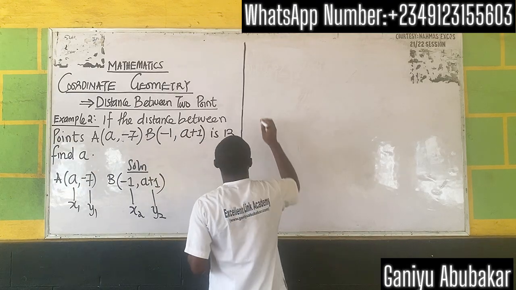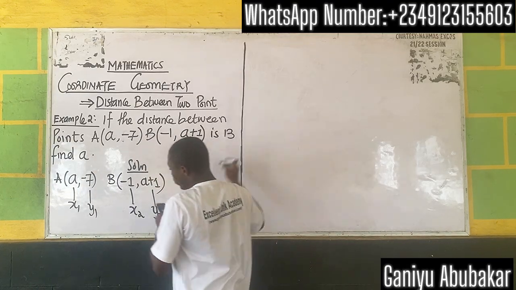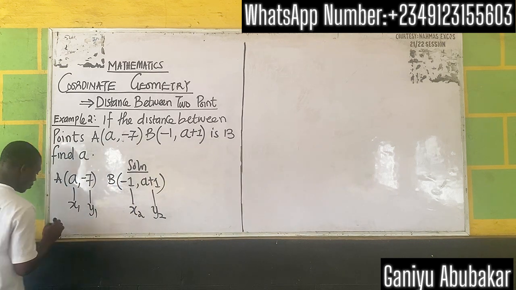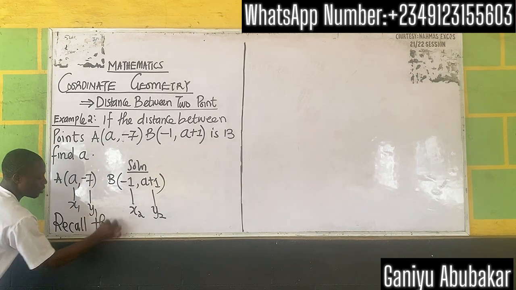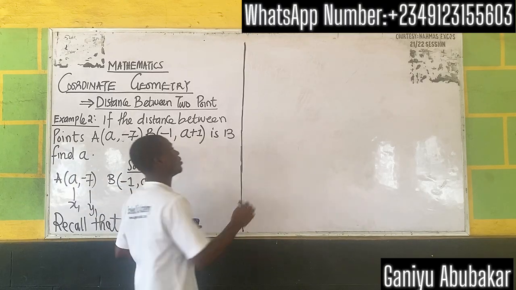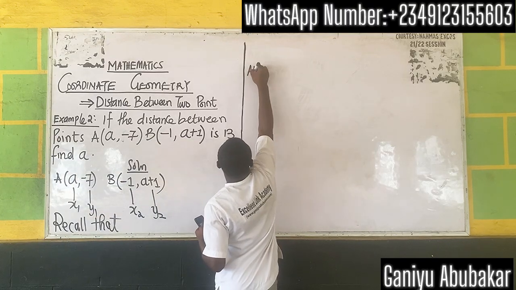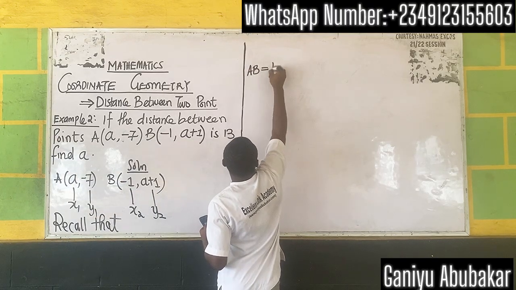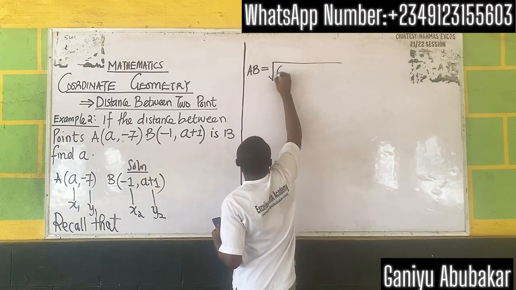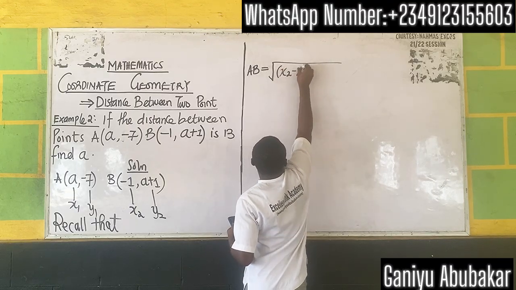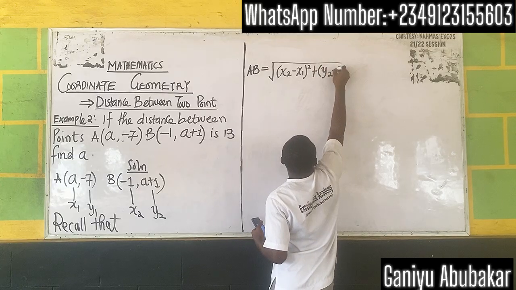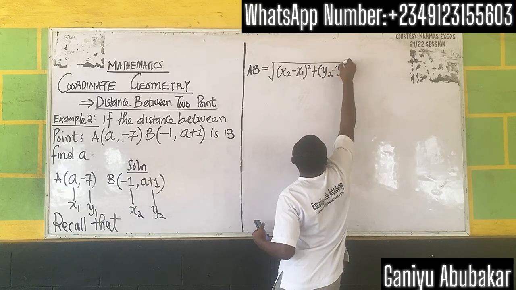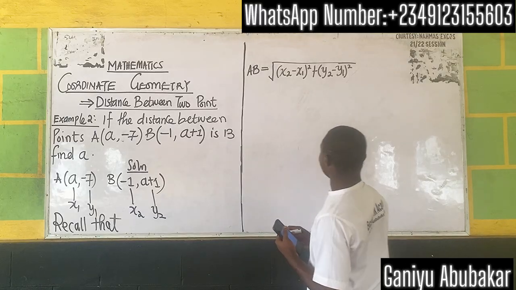Recall the formula. Recall that we established earlier that distance AB equals the square root of (x2 minus x1) all squared plus (y2 minus y1) all squared.